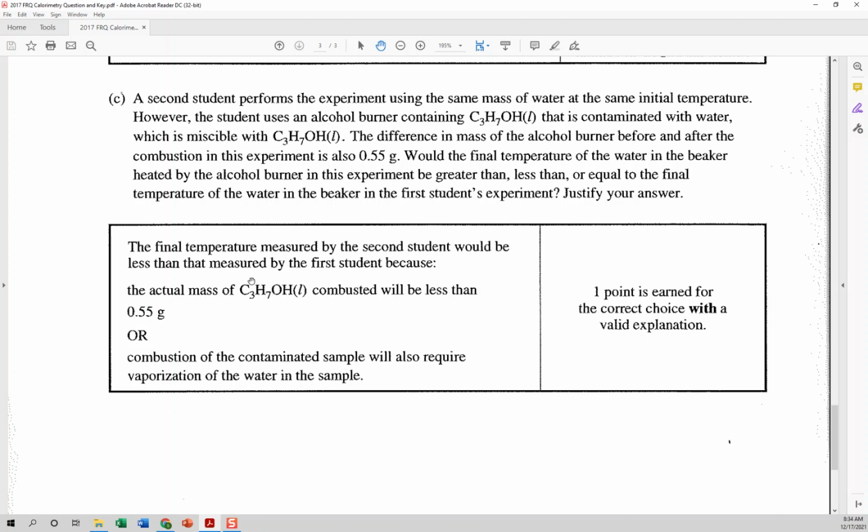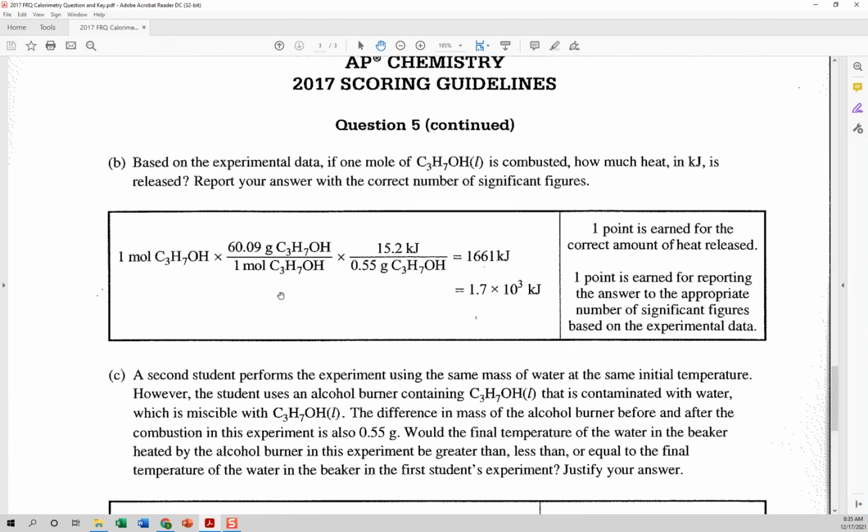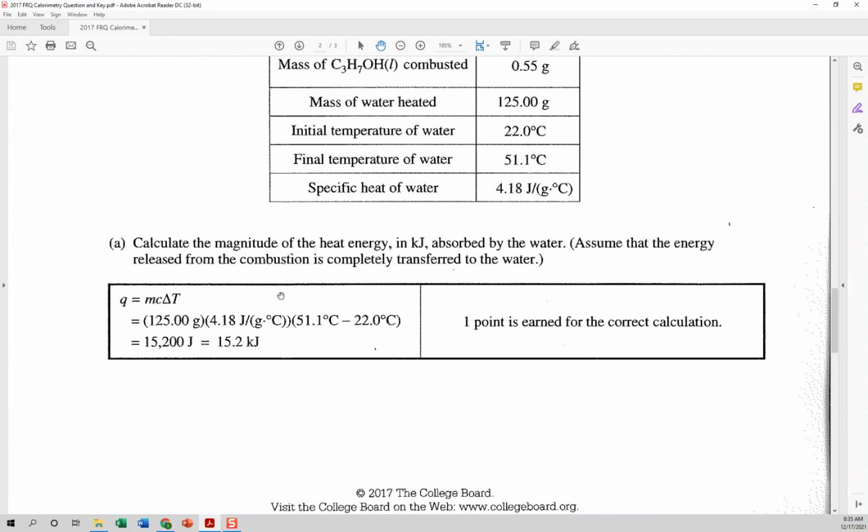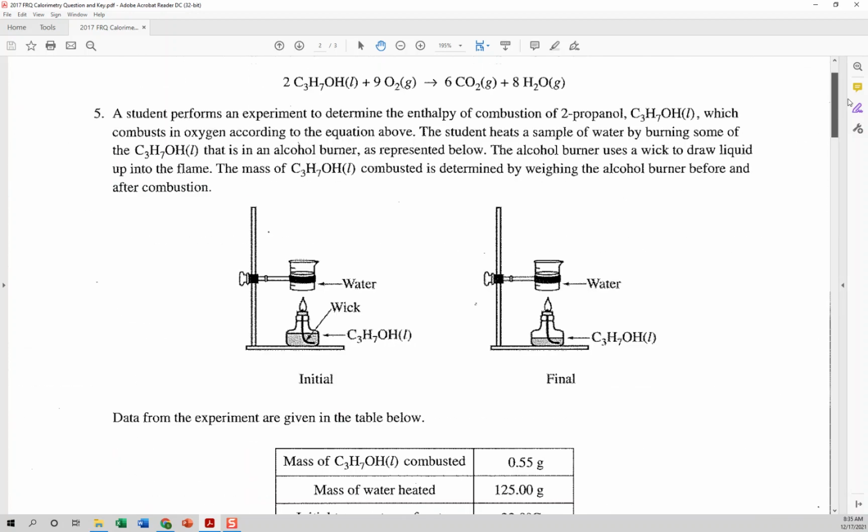And so you have less moles of propanol undergoing combustion, and that would produce less energy. So that means the water in the beaker would absorb less energy, and it wouldn't heat up to as high of a temperature, right? Okay. So pretty straightforward question, but you gotta put yourself in the shoes of the AP chemistry test taker.